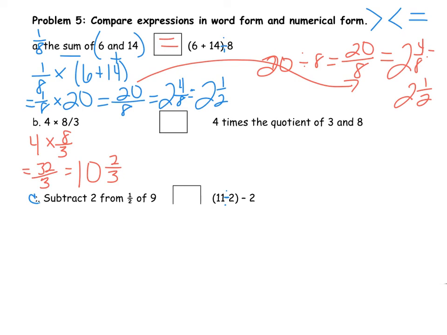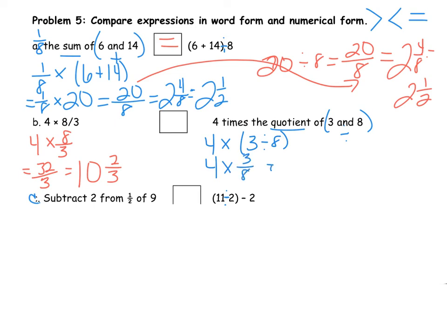Well, let's do the right-hand side, and I'll do it in a different color. 4 times the quotient of 3 and 8, which is division. So we have 4 times the quotient of 3 divided by 8. Well, I can write that as 4 times 3/8.